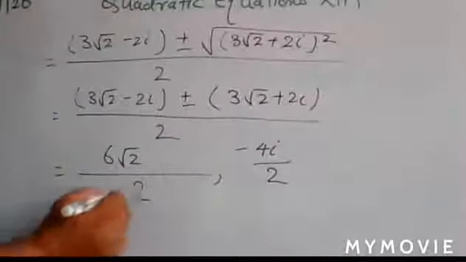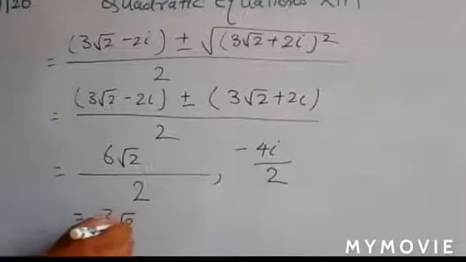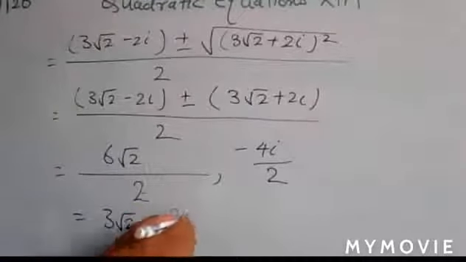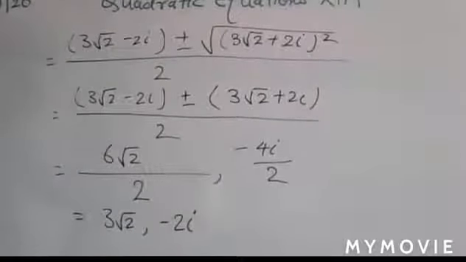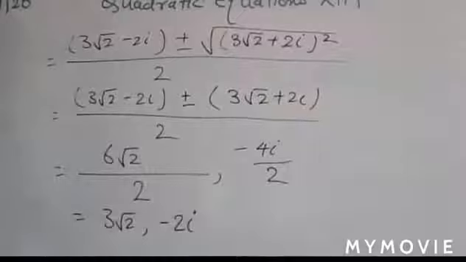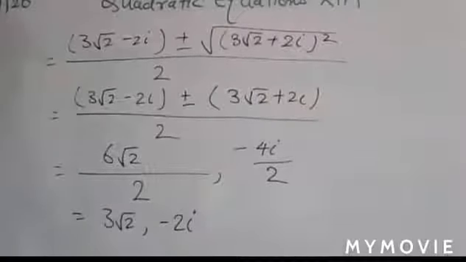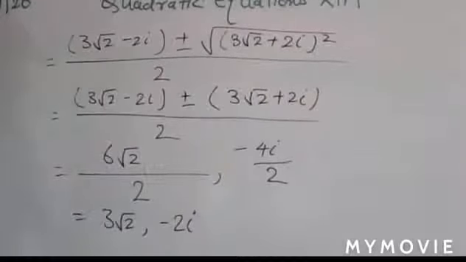So overall you have 3 root 2 and minus 2i as the solution. 3 root 2 and minus 2i is your solution. Understand? Note it.